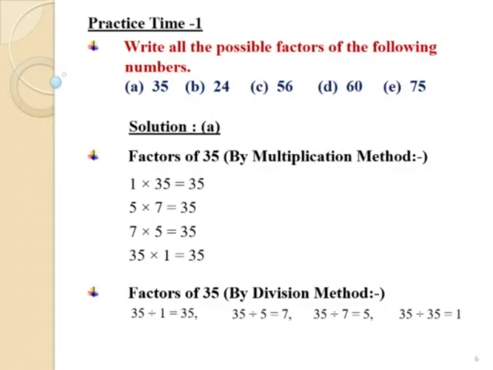Each of the numbers 1, 5, 7 and 35 divides 35 exactly. So, 1, 5, 7 and 35 are the only factors of 35.